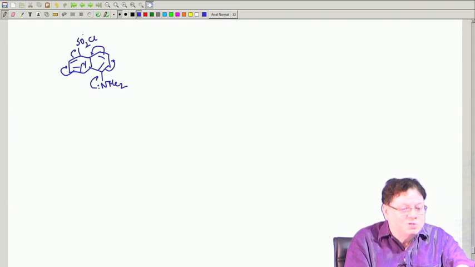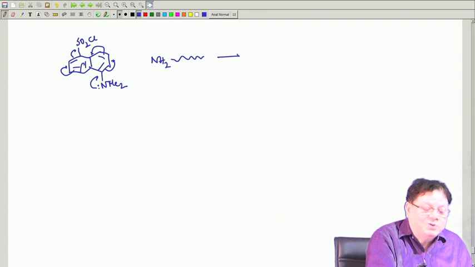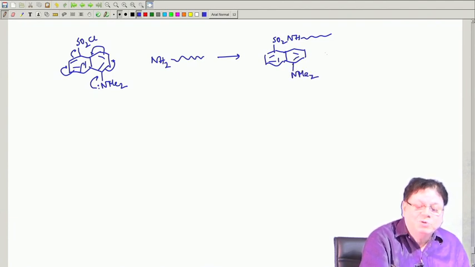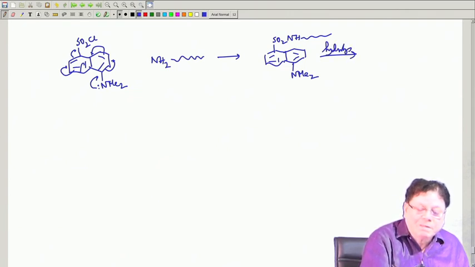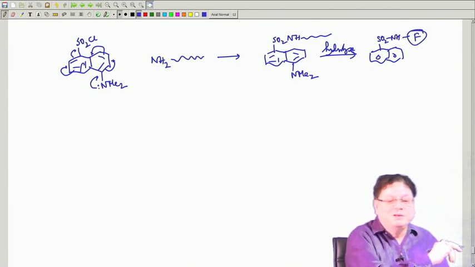The N-terminus will react with the Dansyl chloride and form SO2NH and then the peptide, and you have the Dansyl system. It is a naphthalene system, with NMe2. Now you hydrolyze, like in Sanger's method, and what you get is SO2NH and the first amino acid, that is phenylalanine.